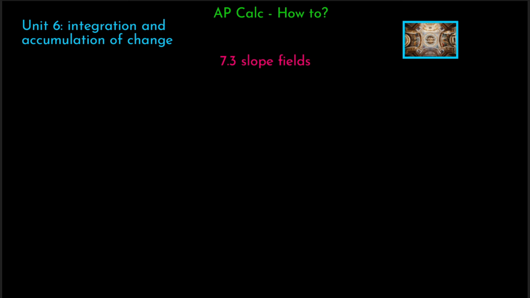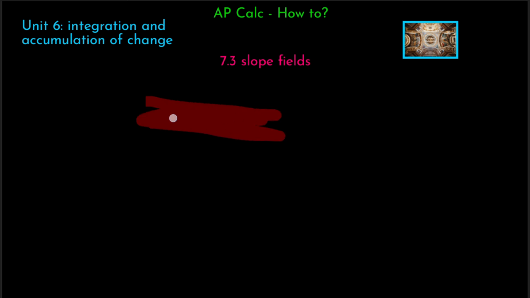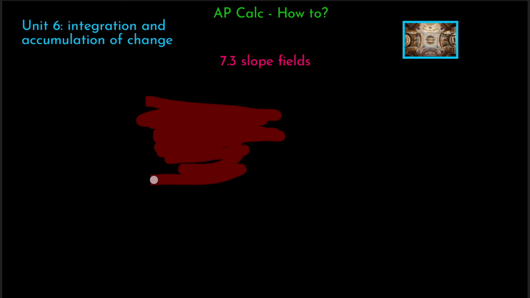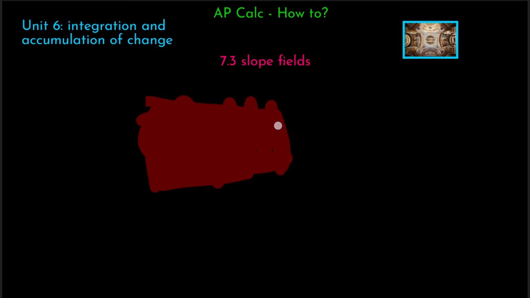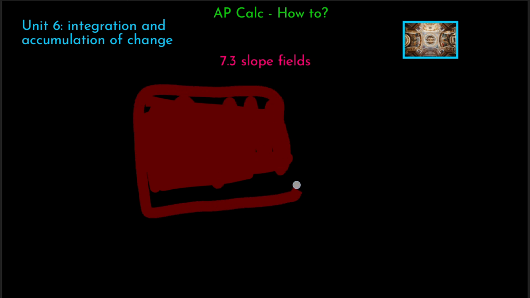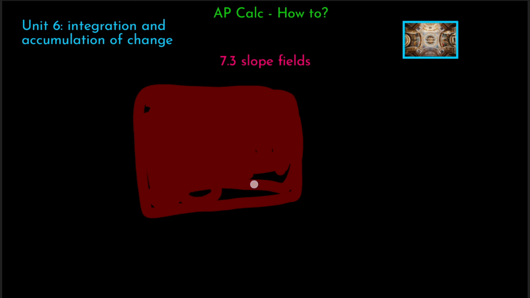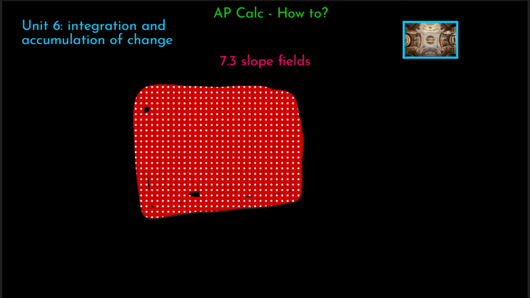A slope field is a tiny grid of mathematical slopes and tiny tangent line segments. So it's going to look something like this.